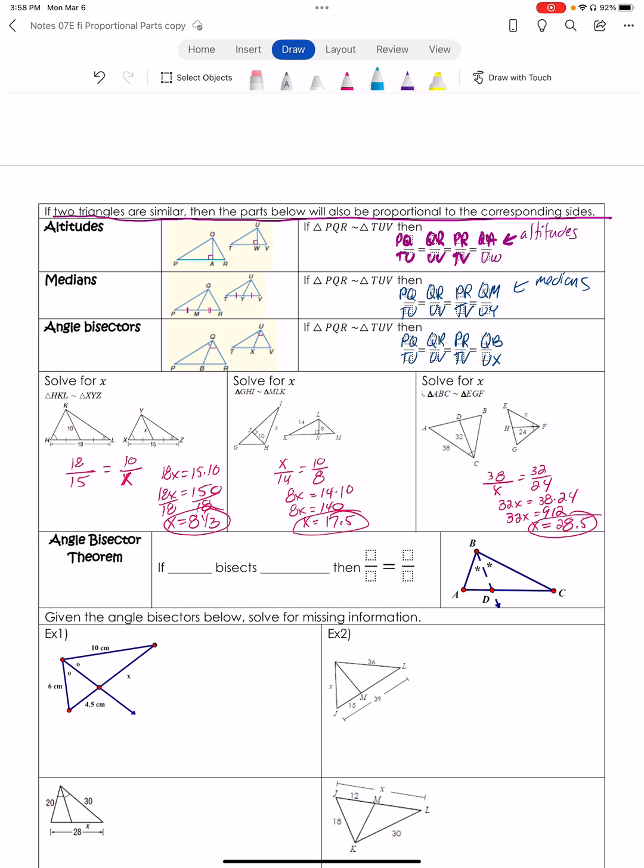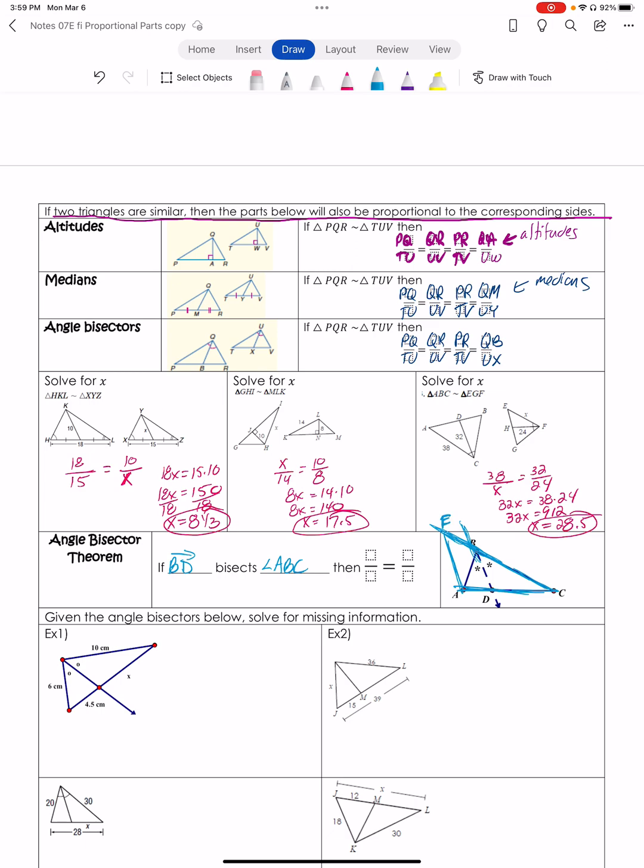So basically, if BD bisects angle ABC, okay? Now here is something that's interesting: if I actually draw this line down and make a triangle here, we have this light blue triangle right here.